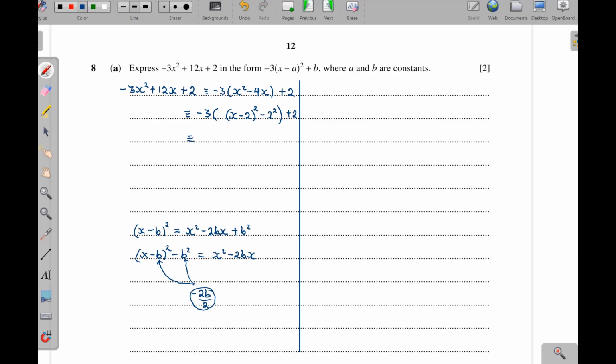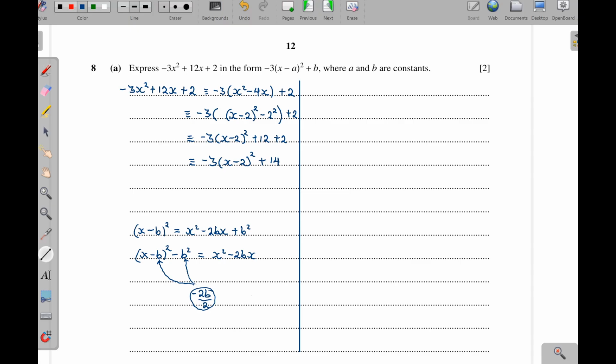Next, I can now open the brackets here. So we shall have negative 3 into x minus 2 squared. Then a negative 4 times a negative 3 will be a positive 12, then plus the 2 here. So our answer is going to be negative 3 times x minus 2 bracket squared, plus 14.